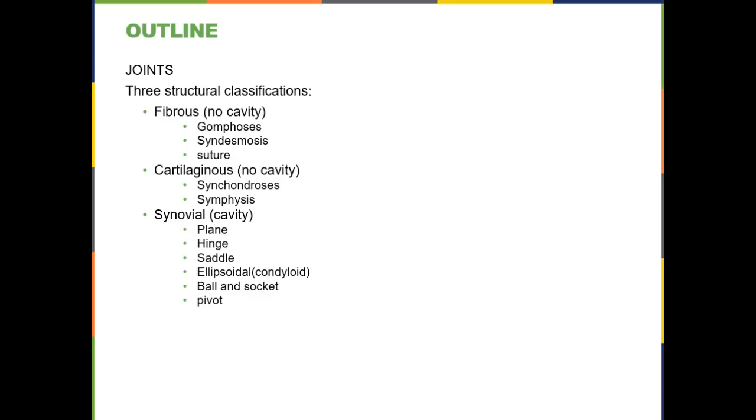If you are looking for a way to organize all of this, you might want to try making an outline. Now, this is not going to include the kinds of movement and the 6 structural features that all synovial joints have in common, but it might not be a bad idea to make an outline like this to remind you how all of the joints are organized, and then fill in everything that we just went over.